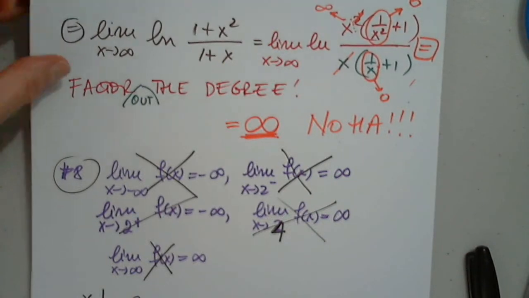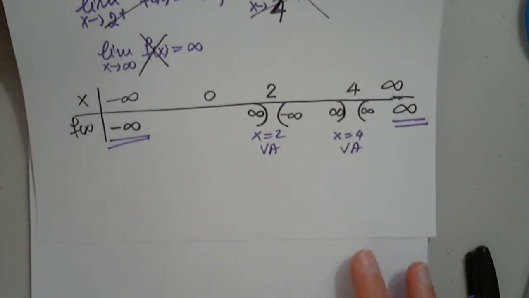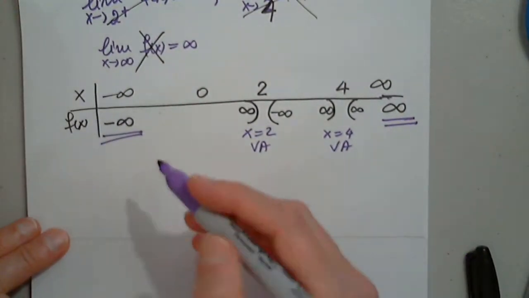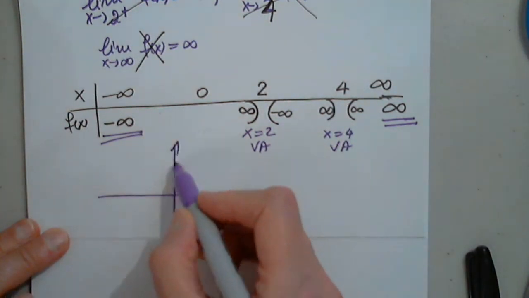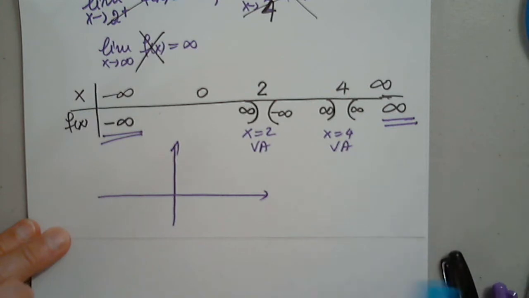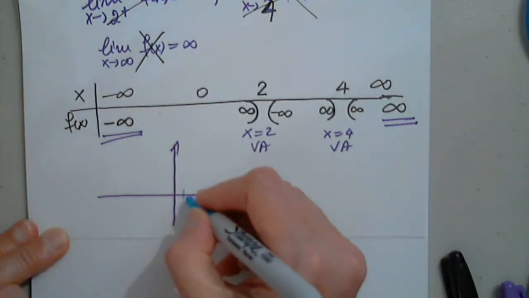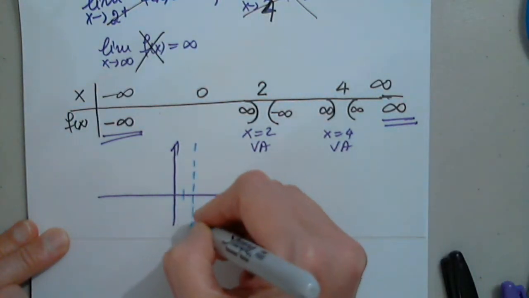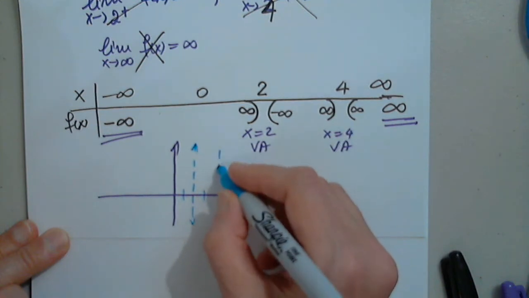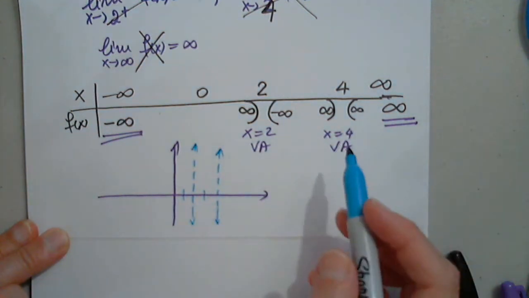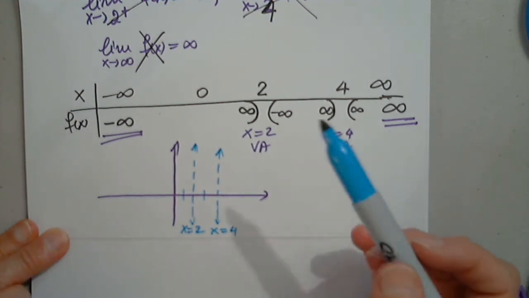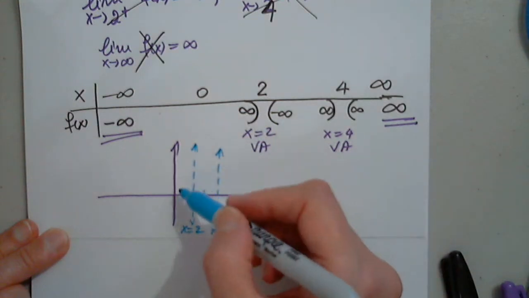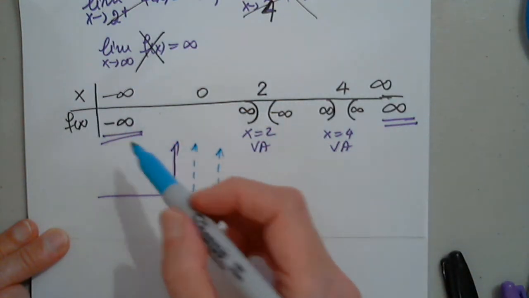Okay, so now I'm ready to graph, and I'm going to graph it here because I have the table. I will graph, so 1, 2, 3, 4. So x equals 2 and x equals 4. So at 2 to the left is infinity, and here is negative infinity.